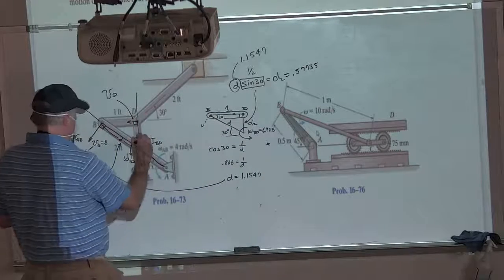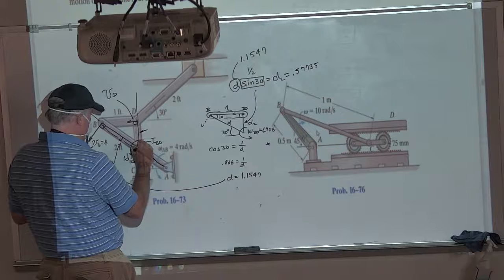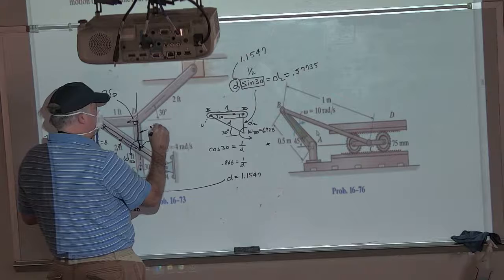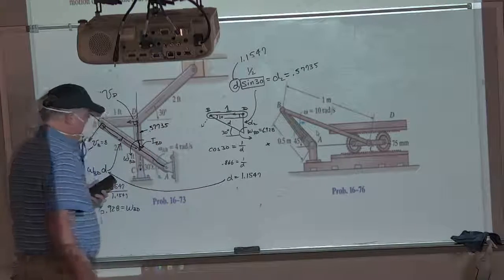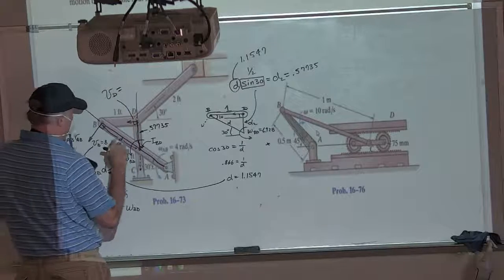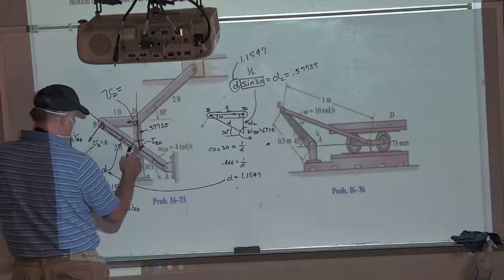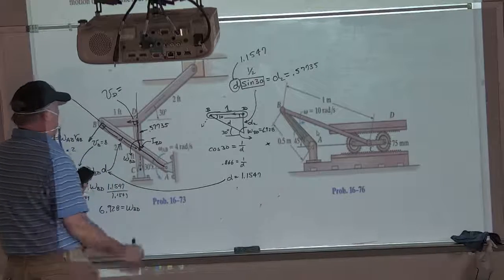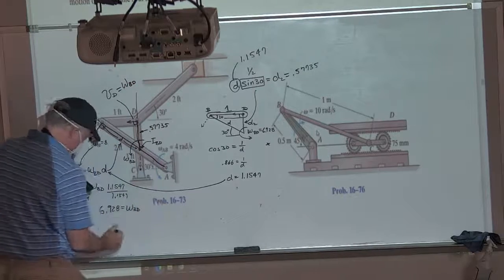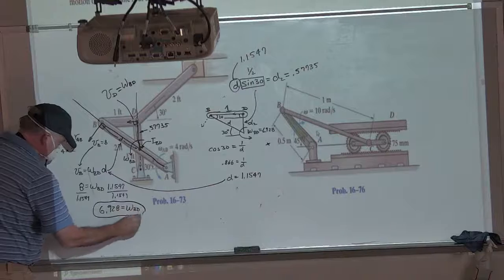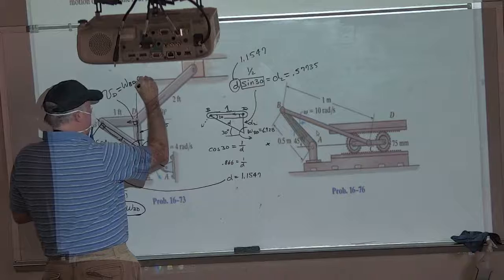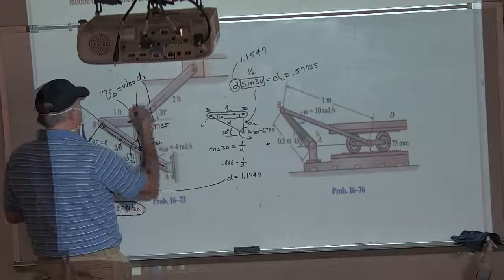Okay, so that's the distance of this length from here to here, 0.57735. Now, if I want to know the velocity of that point, because it is on link BD and rotating about that instant center, it's the omega of BD, which was this, times the distance from here to here, which over here I called D2, which is that.